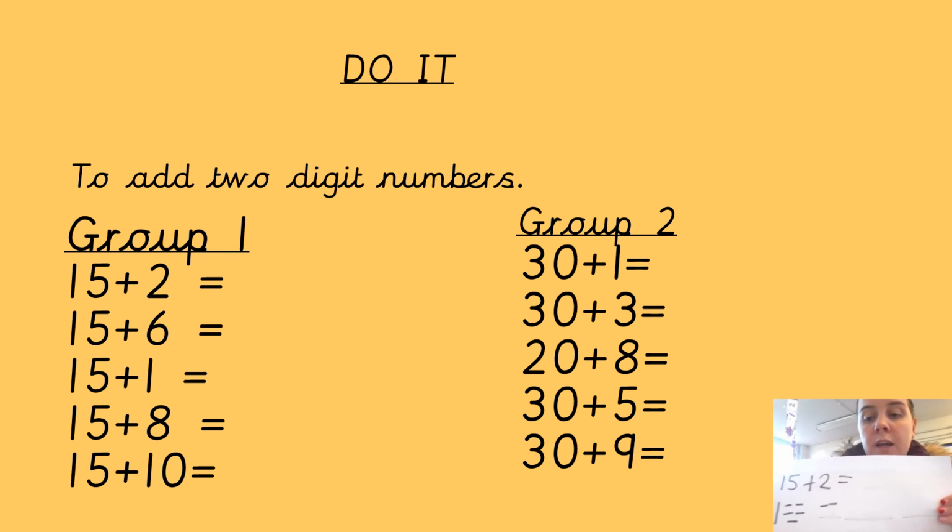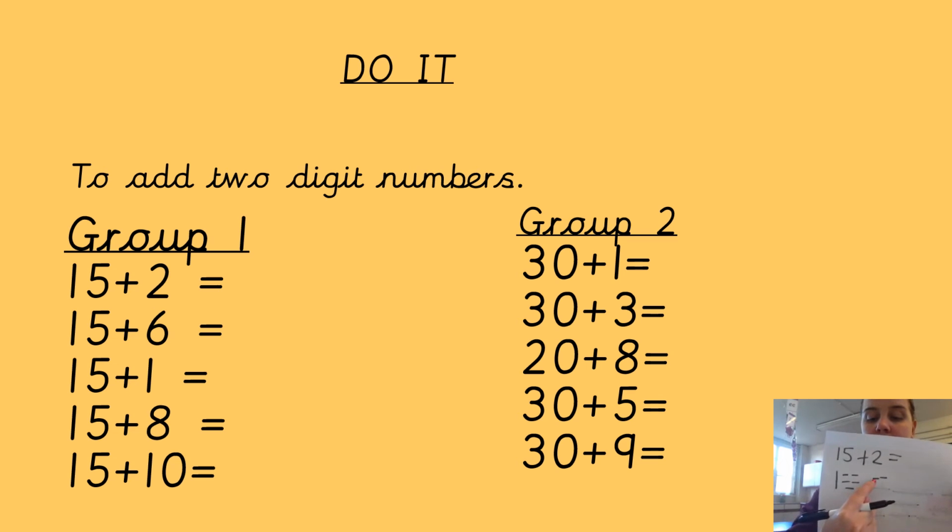So this is how it would look in base 10. So you'd have your 1 10 stick here, so 10, and then 5 ones, and 2 ones. So then we would add them together, so 10, 11, 12, 13, 14, 15, 16, 17. So my answer would be 17 using base 10.